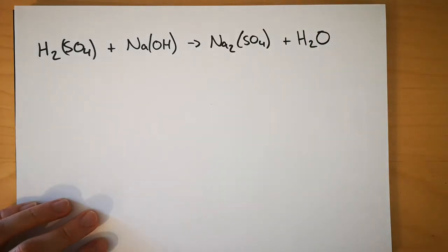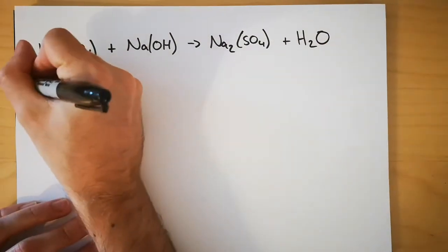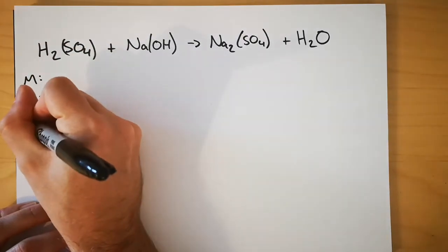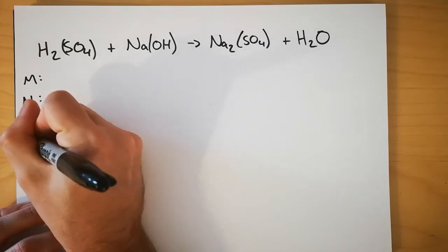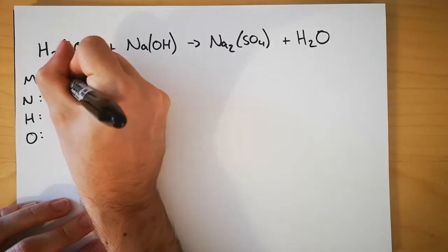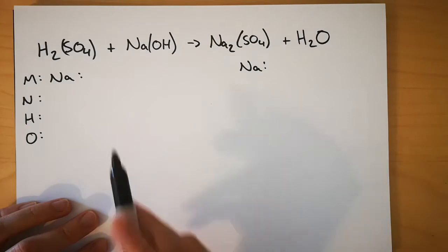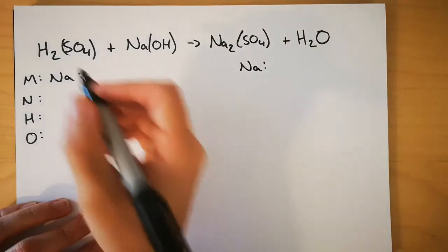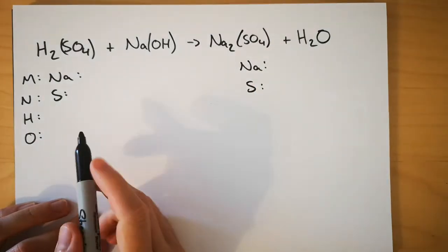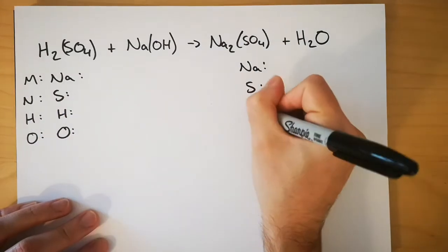So once again, what I asked you to do is balance this, and we're going to do metals, non-metals, hydrogen, then oxygen. The metal that we're playing about with here is sodium. Our non-metals, well, we've got sulfur. Hydrogen, we do have hydrogen, and we've got oxygen.